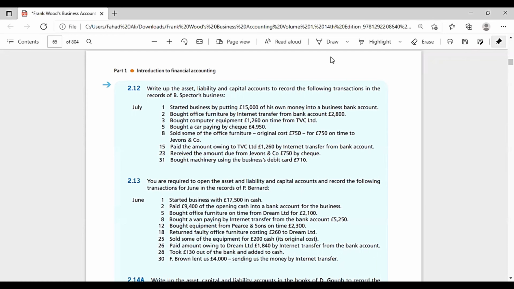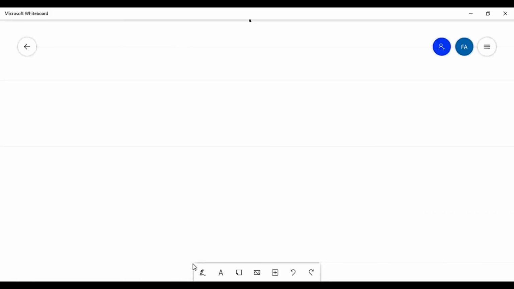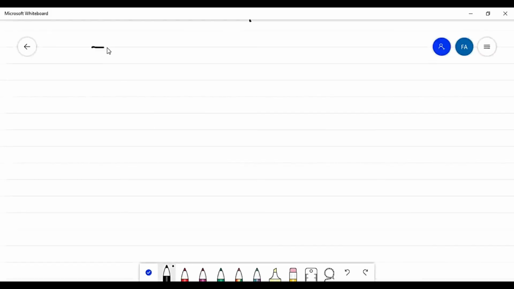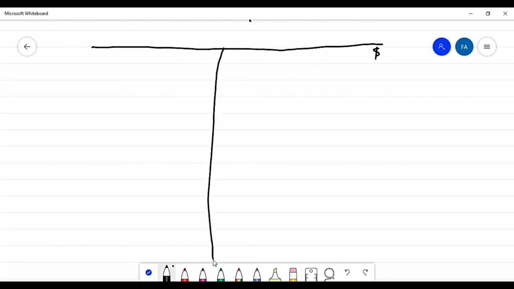And another account, bank, is debited. So we'll make the account of bank and capital. This is the T account of bank.